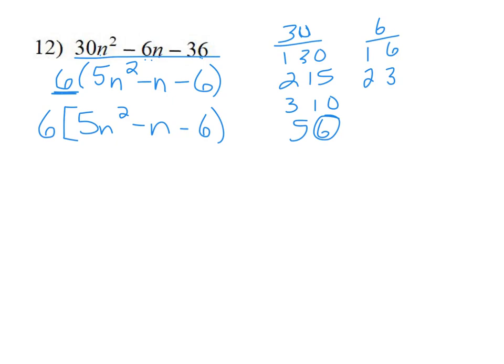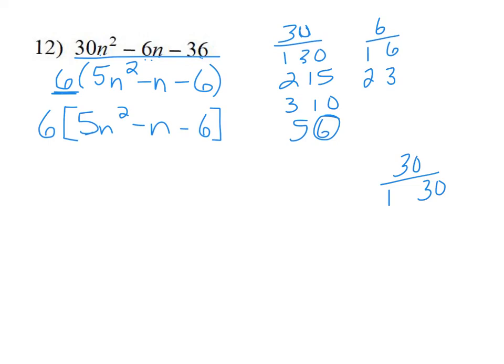So I'm going to put a bracket, and that gives me an extra layer, and that also means that I can put parentheses inside of it because I'm going to need to. Alright, so we have a 5 and a 6 here, so that means we're going to use the AC method because guess and check would just have too many options. So 5 times 6 is 30.